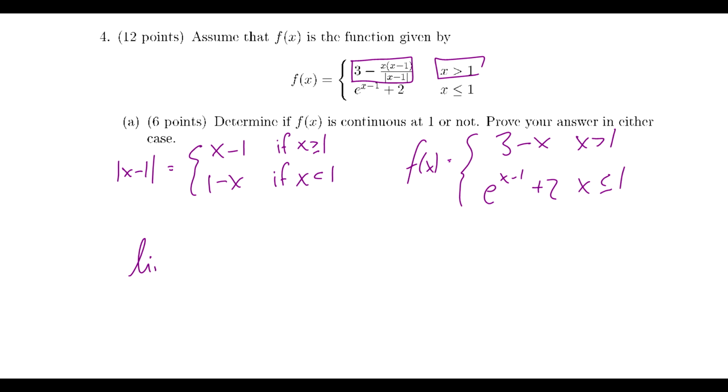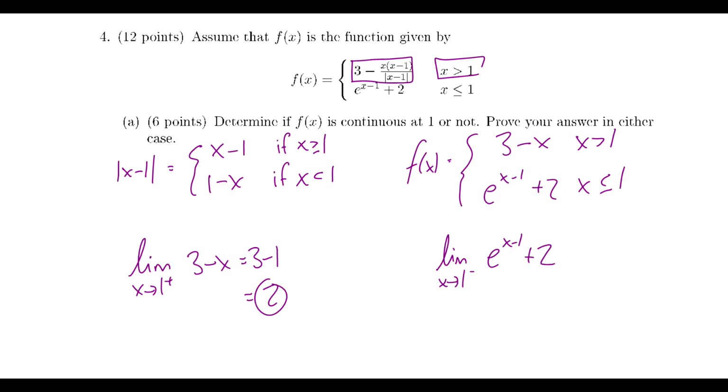Now we want to know if it is continuous at 1 or not. So we'll check to see if the limit as x goes to 1 from the right is equal to the limit as x goes to 1 from the left. From the right we have 3 minus x, which is 3 minus 1, which is 2. And from the left, we're going to have e to the x minus 1 plus 2, which is e to the 1 minus 1 plus 2, which is e to the 0 plus 2.